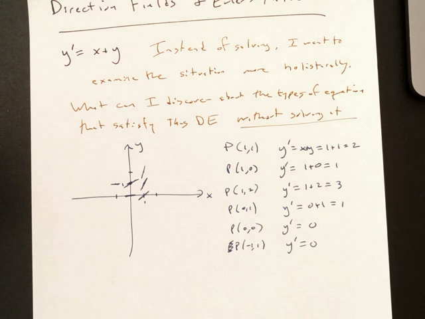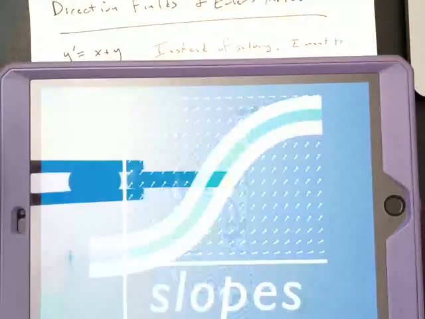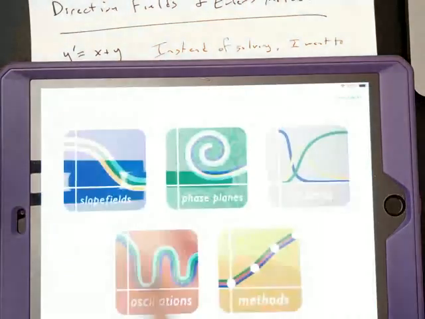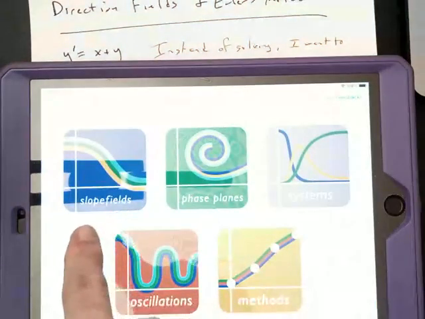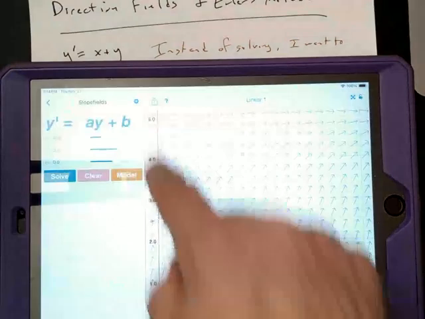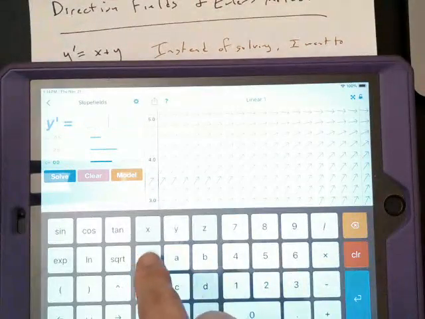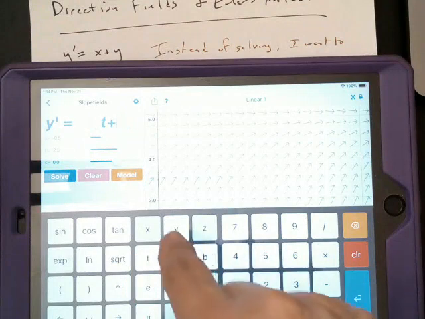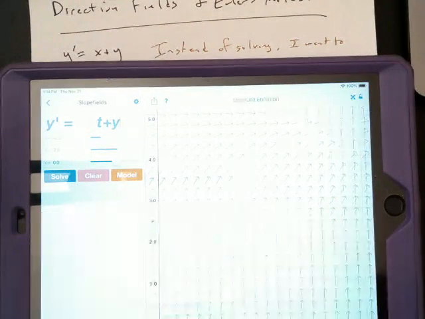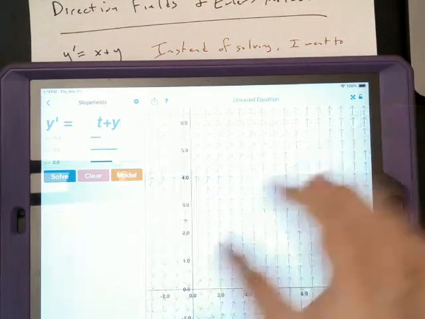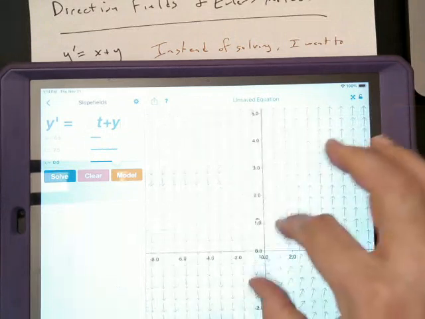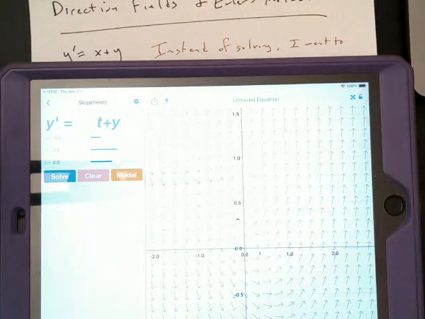And when you open the app, Slopes, it gives you several options, the first of which is slope fields. So that was where I was to write the equation t plus y to get the picture we were looking at.